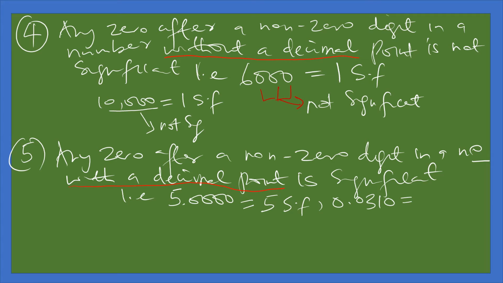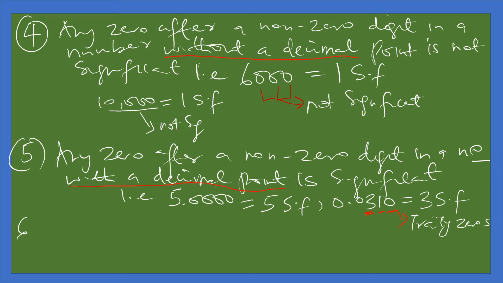In this case, we have 3 significant figures, because this 0 is after non-zero. The first 3 is the first significant, the 1 is the second, and the 0 is the third. Sometimes these zeros are called trailing zeros. Okay, so that is rule number 5.